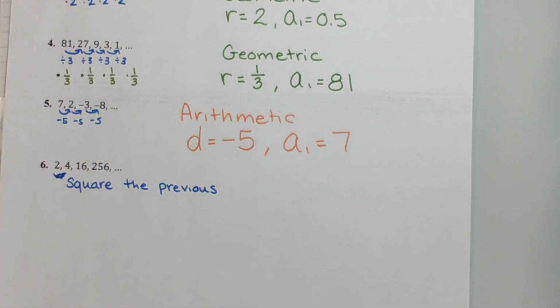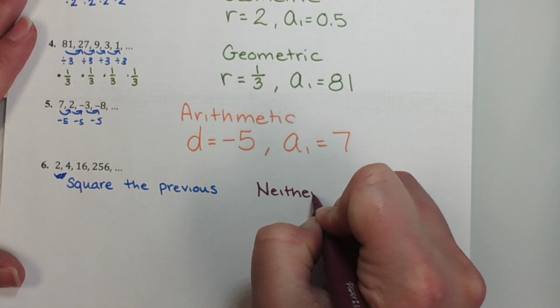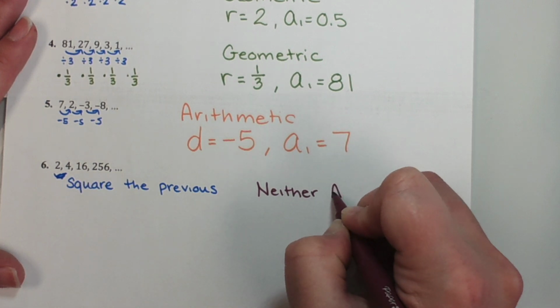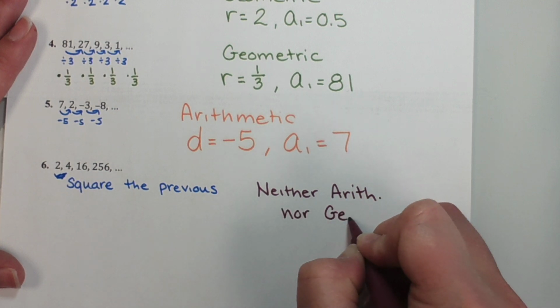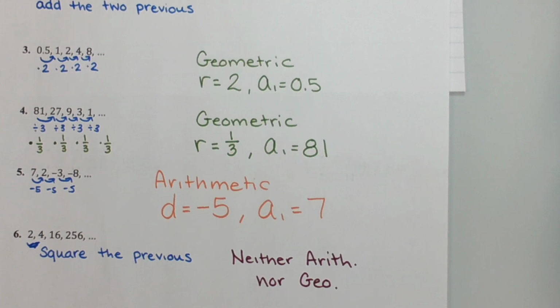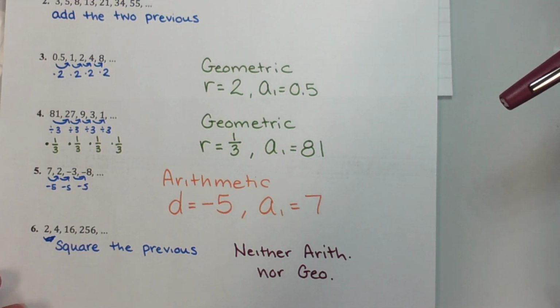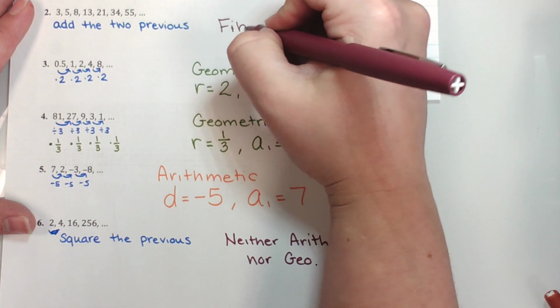So, the last two we have on here are 6 and 2. 6 is neither arithmetic or geometric. Neither is 2, but 2 does have a specific name, and it's known as the Fibonacci sequence.